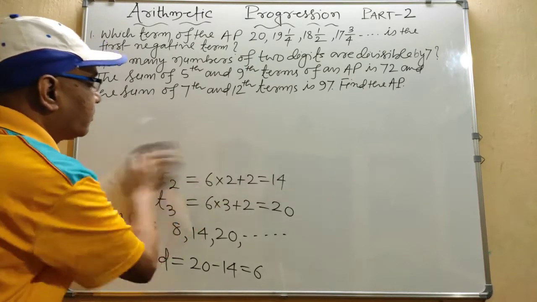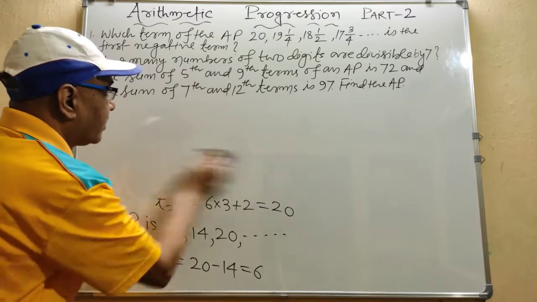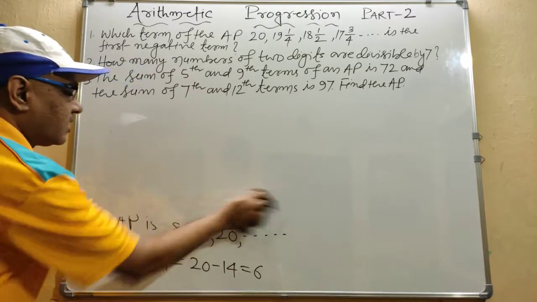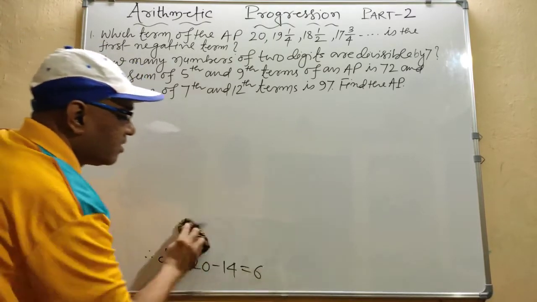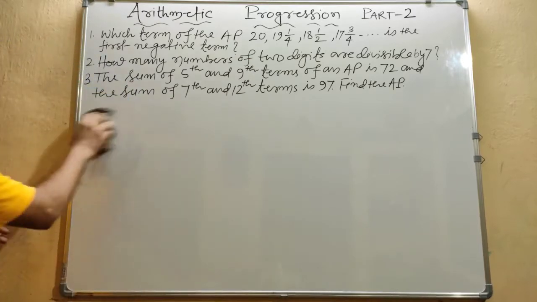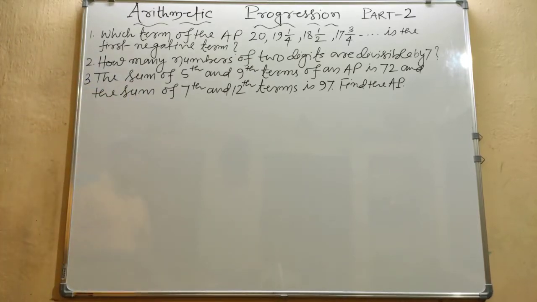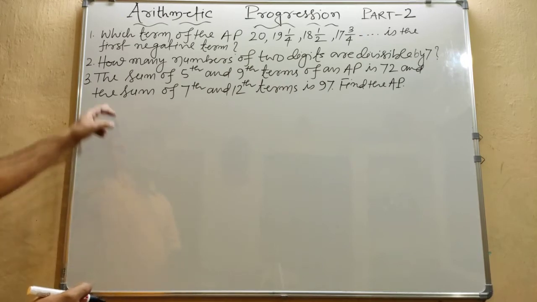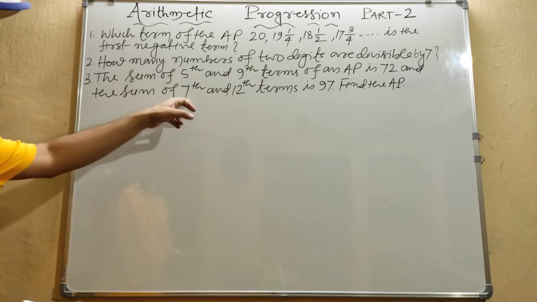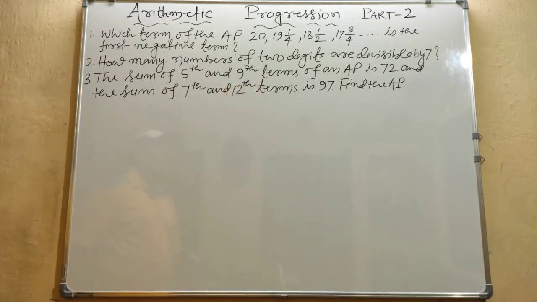Now come to the second question. Now see this. The sum of the 5th and 9th term of an AP is 72 and the sum of the 7th and 12th term is 97. Find the AP.